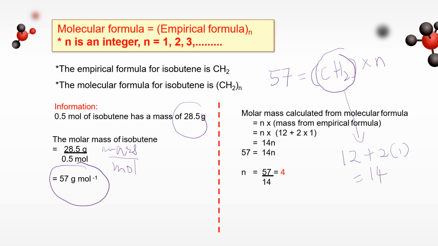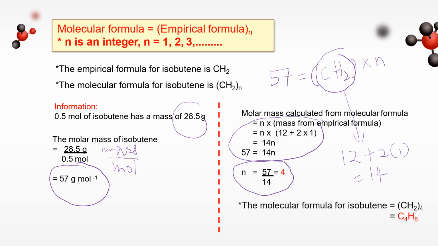We substitute the value into the formula, and we get n equal to 4. So we need to multiply the empirical formula CH2 by 4. This is the molecular formula for isobutene.